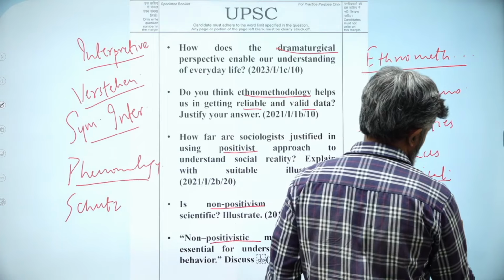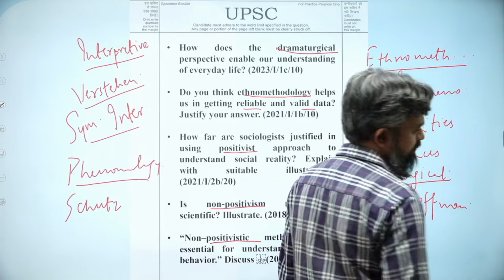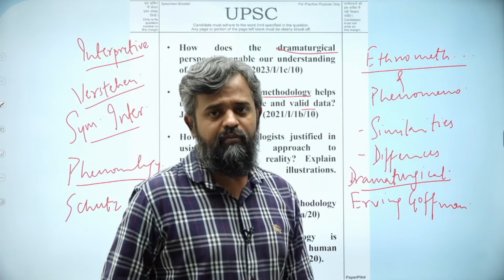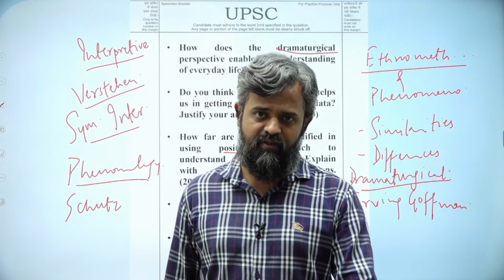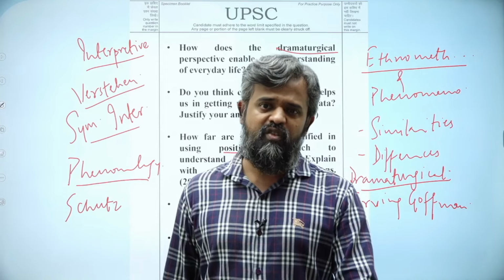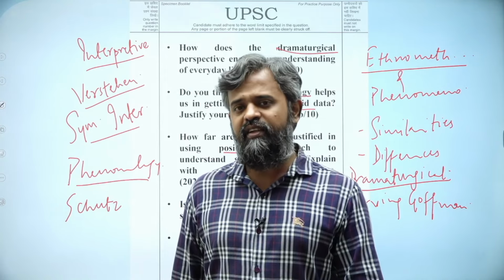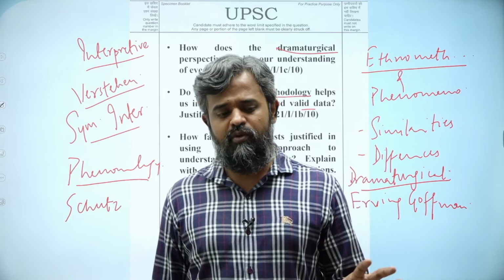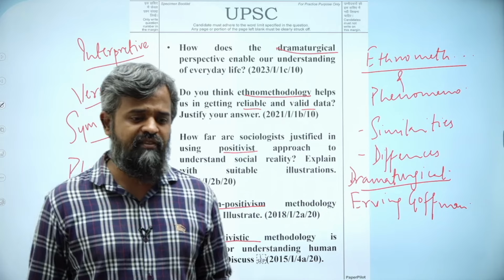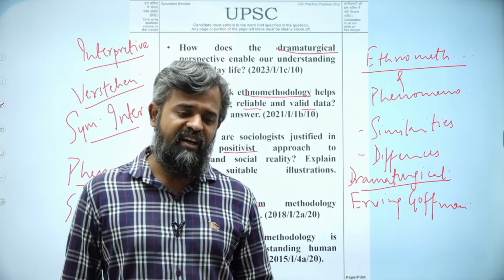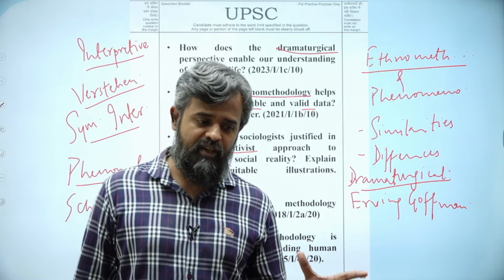Goffman wrote a book, The Presentation of Self in Everyday Life, and in that book, this is something that is fully, properly spelt out. Basically, the dramaturgical approach derives from the interpretive approach and compares everyday life to the setting of a drama, a stage, a theater kind of a thing.